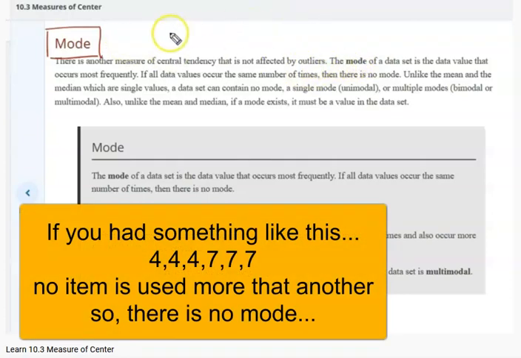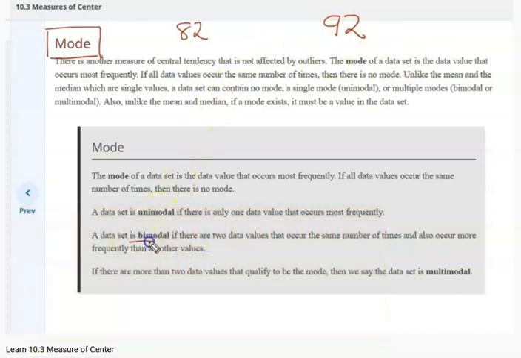Now, if you look over it, you see you had 3 that had 82 and 3 that had 92 out of all of your data, then this would be considered bimodal, and the modes would be 82 and 92.